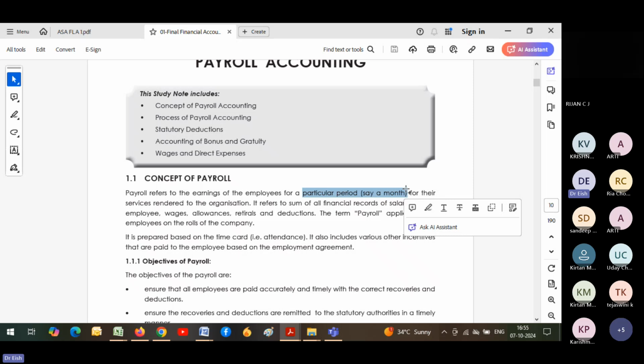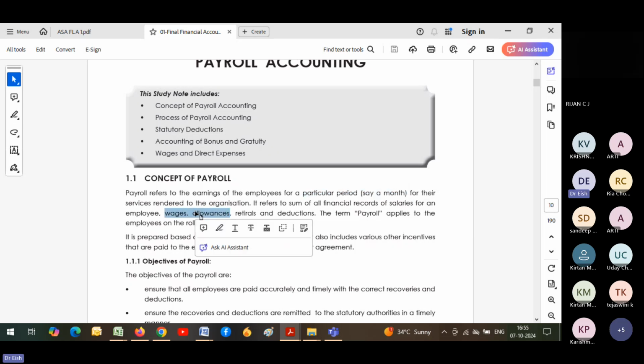It refers to the sum of all financial records of salaries for an employee, wages. What is the difference between the salary of an employee and wage? Salary is paid to the white collar employee, and wage is paid to the blue collar employee. And what is the difference between white collar and blue collar? White collar is the people in support functions, for example, the finance function, the HR function, the admin function.